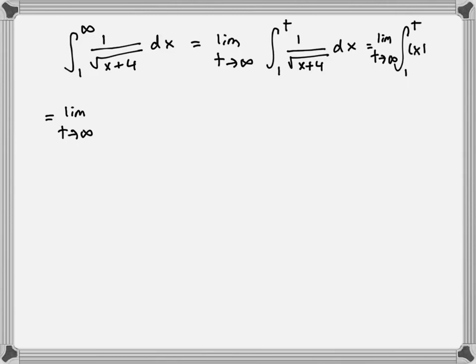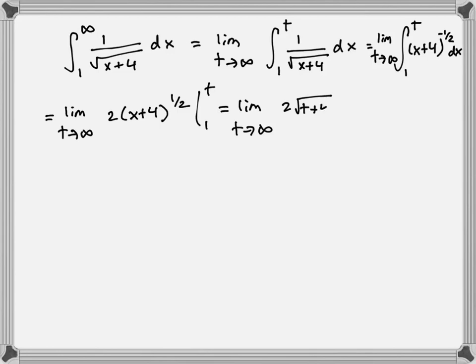This is x plus 4 to the negative 1/2 dx. And so if I want to take its antiderivative, doesn't that become 2 times x plus 4 to the 1/2, and I'm going from 1 to t. So this becomes 2 square root of t plus 4 minus, if I plug in 1, I get 2 square root of 5.